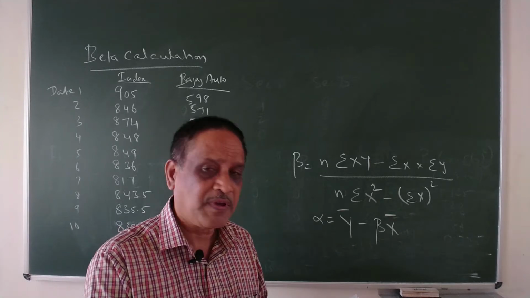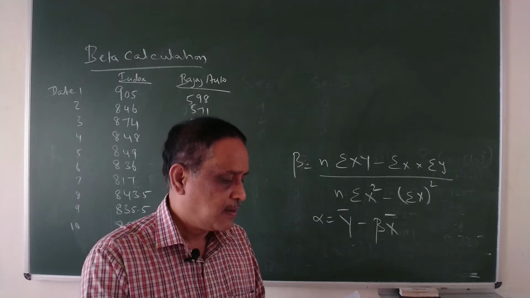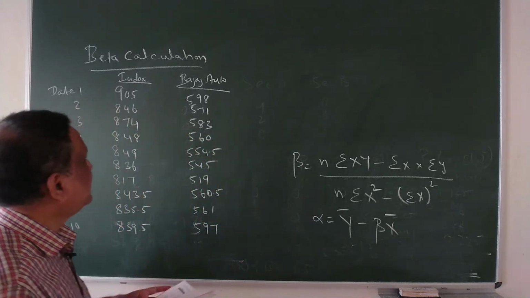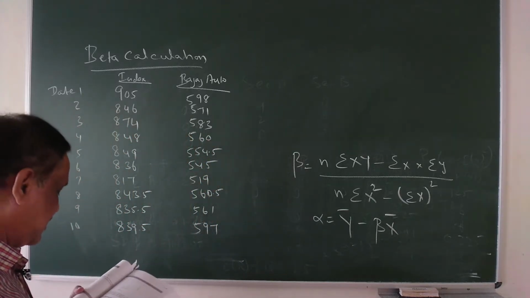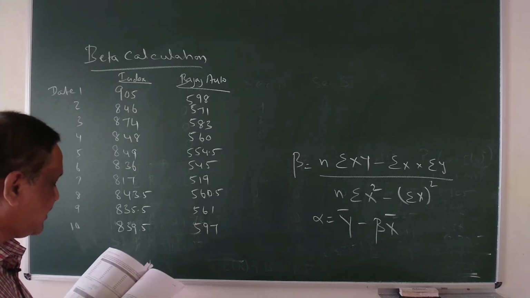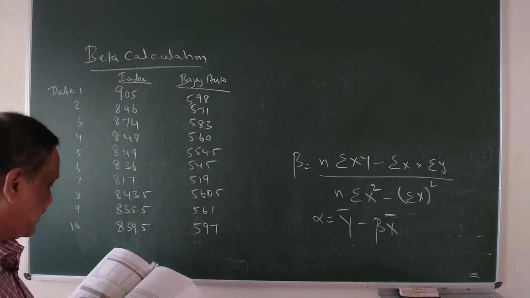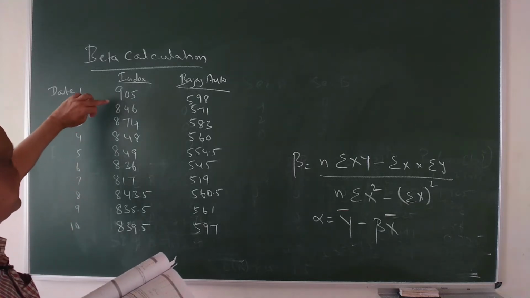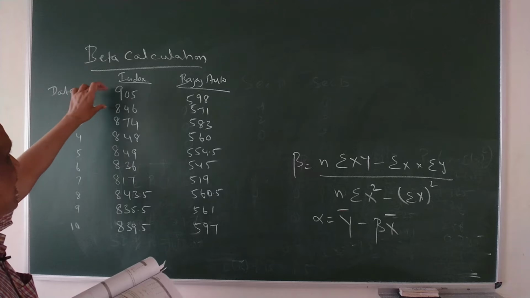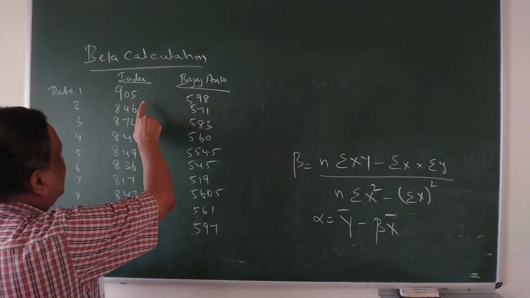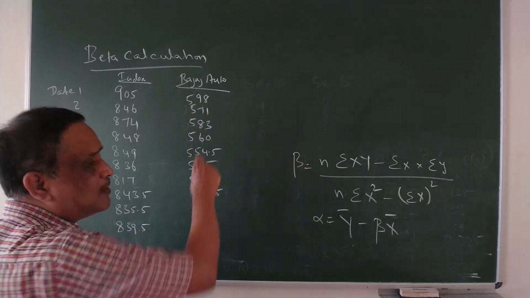So to calculate alpha we have to use this formula, and they have given the different days' share prices. So what we have to do is calculate the single day return for the index and the single day return for the share.